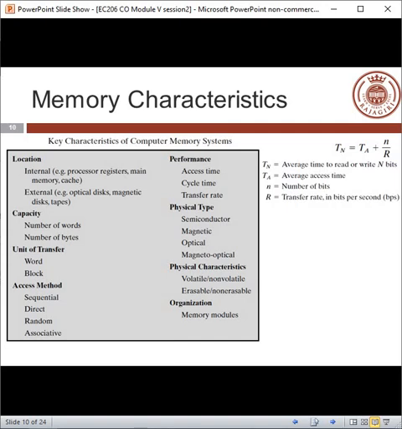Now, erasable memory and non-erasable memory. Erasable memory is something like rewritable CDs and DVDs, where once we write, we can erase that data and store some other data. Non-erasable memory is something like normal CDs and DVDs. These we won't be able to rewrite.